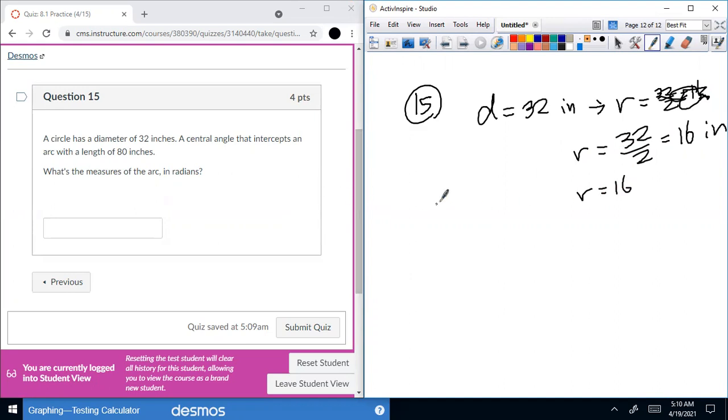Central angle that intercepts an arc with length 80 inches. So your length is 80 inches, radius is 16 inches. What is the measure of the angle in radians?